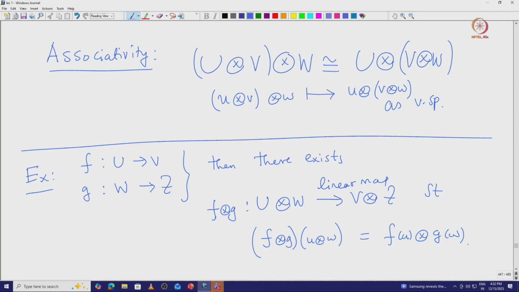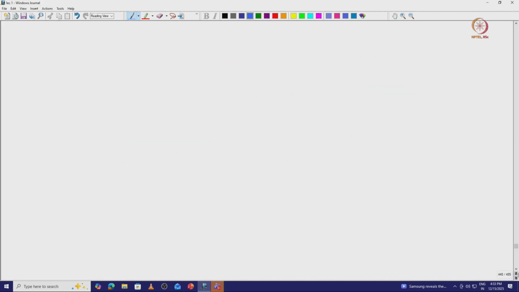The key thing about this tensor product of linear maps is that we can talk about the matrix of this tensor product of maps, and that is indeed related to what is called the Kronecker product of matrices. So, let me recall what the Kronecker product is.